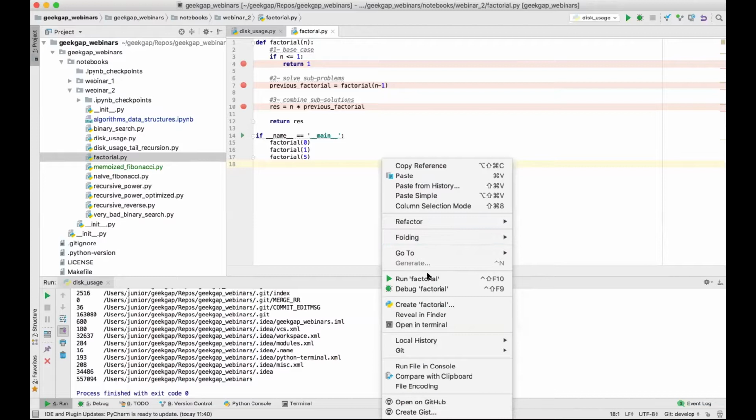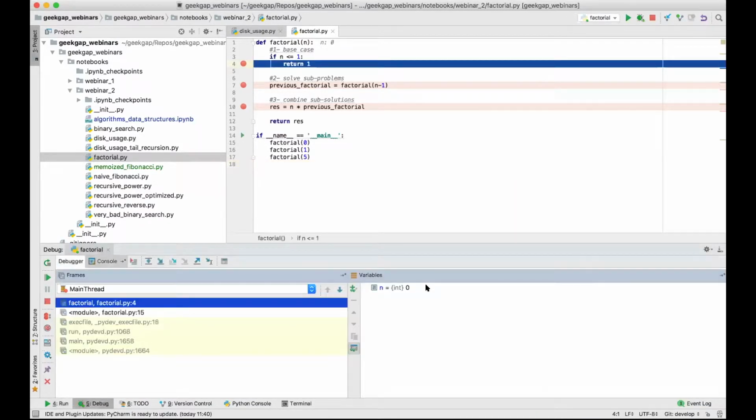Great. So if I run this in the debugger, for example, for n equals 0, obviously we pass in n equals 0, it enters here because it's lower than 1, so it returns 1.